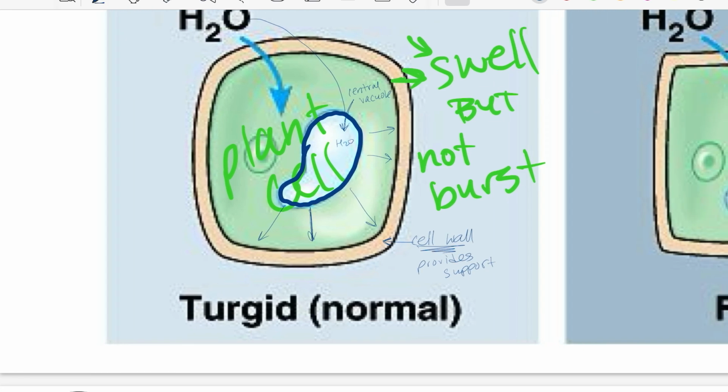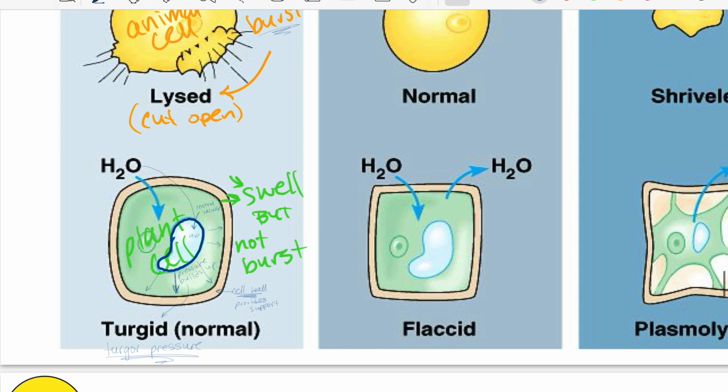That pressure builds up, and that pressure is called being turgid, or turgor. It creates turgor pressure. And plants prefer that. This is their preferred state.